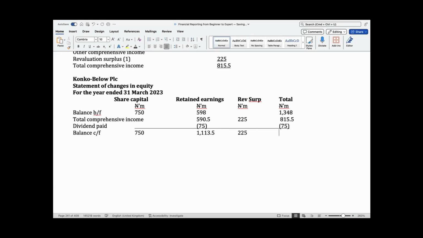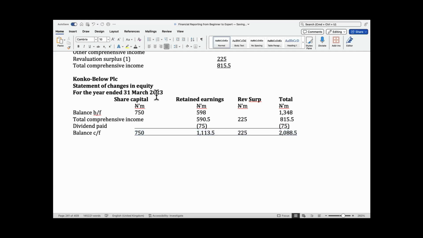Okay, so what's the addition here? 2088.5. Okay. So that's my statement of changes in equity.